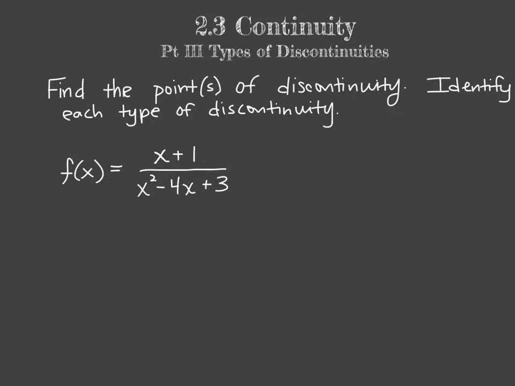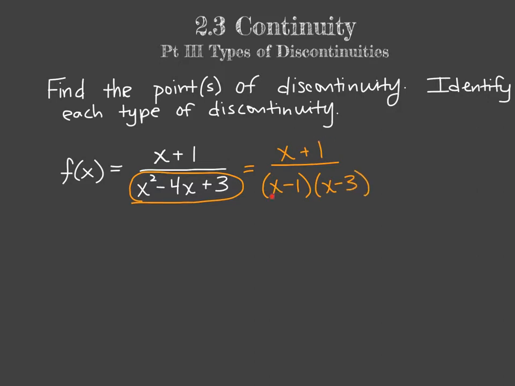The denominator here is factorable. And so we can take this denominator and factor it. So we'll have x plus 1 in the numerator, and our denominator can be written as x minus 1, x minus 3. Nothing cancels top to bottom.